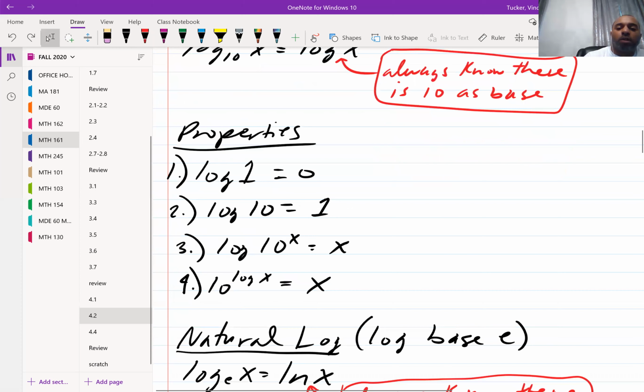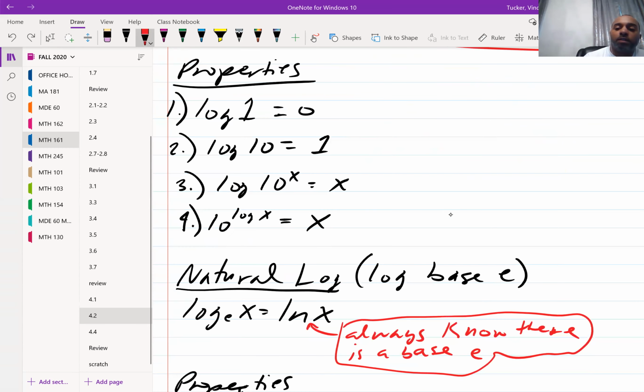Then we have the natural log. It's log base e, your exponential function, and that's in your scientific calculator as well. But it's log base e of x, and so that's expressed by ln of x. Some people say "ln."